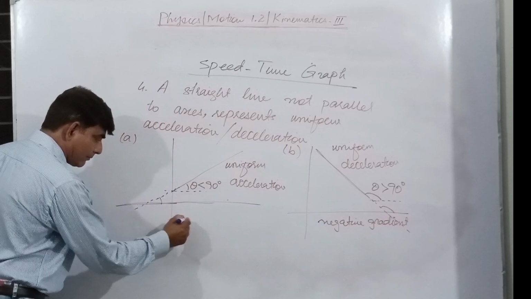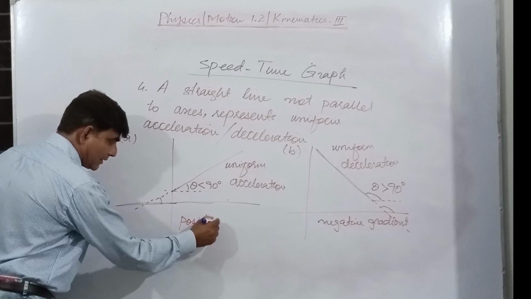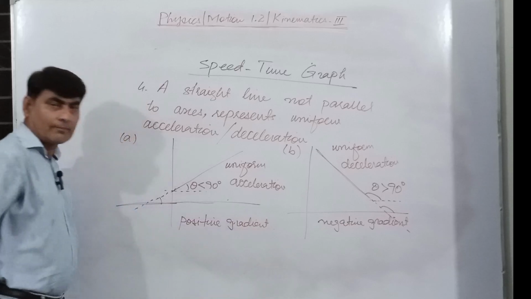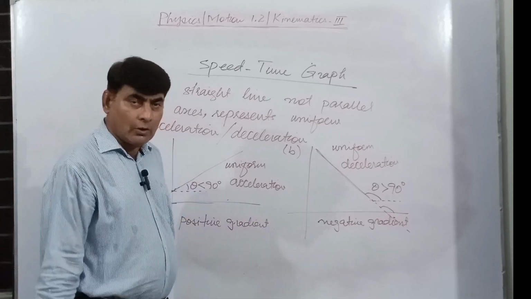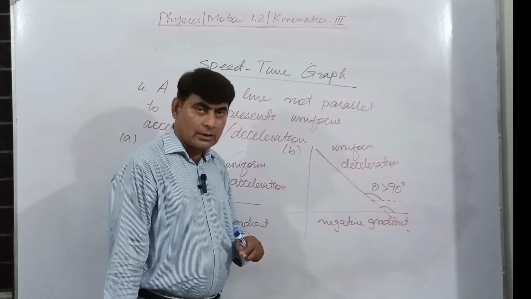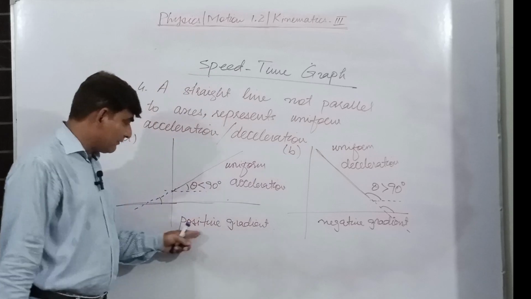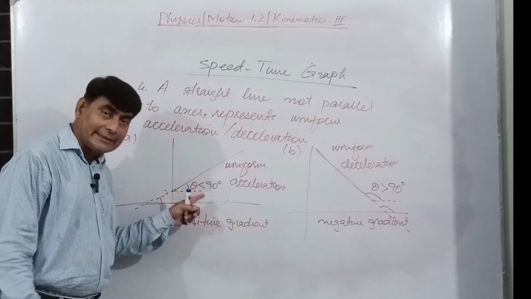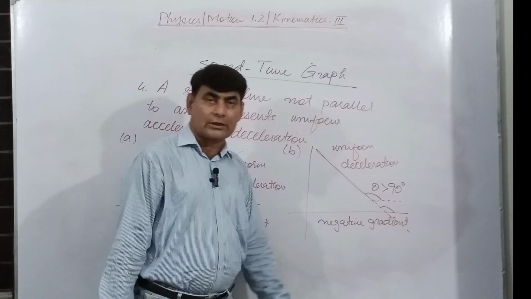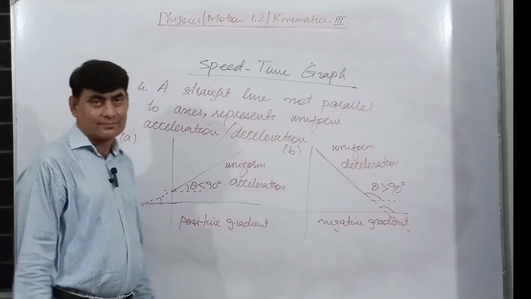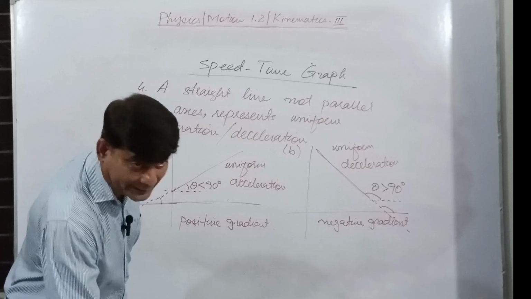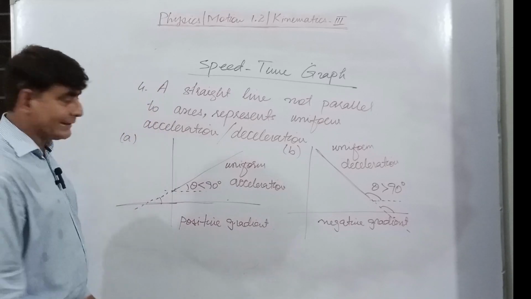So for negative gradient, an angle greater than 90 degrees, right? Positive gradient, an angle smaller than 90 degrees. So uniform acceleration, uniform deceleration, but simply uniform acceleration, right? This is point number 4. Okay, now point number 5, and we will talk about curved line.